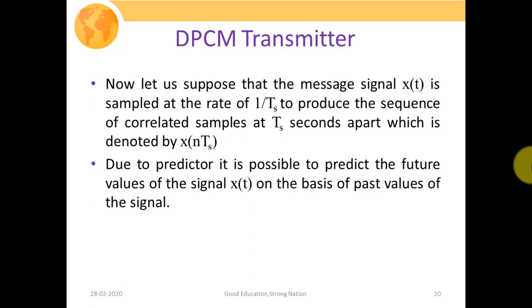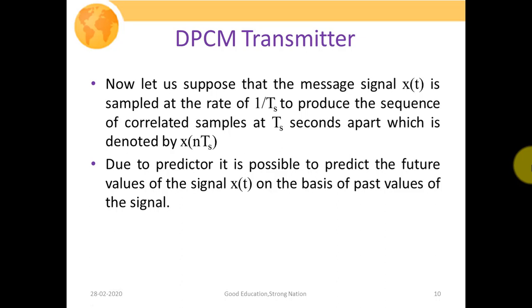Now we're going to discuss the block diagram structure of the DPCM transmitter. Let us assume that the time varying message signal x(t) is sampled at the rate of 1 by Ts to produce a sequence of highly correlated samples Ts seconds apart, denoted by x(nTs). I mean, if signal x(t) is sampled at the rate of fs samples per second, then the relationship between the sampling period and sampling frequency is fs equal to 1 by Ts.